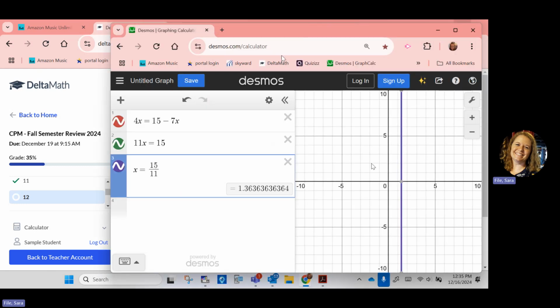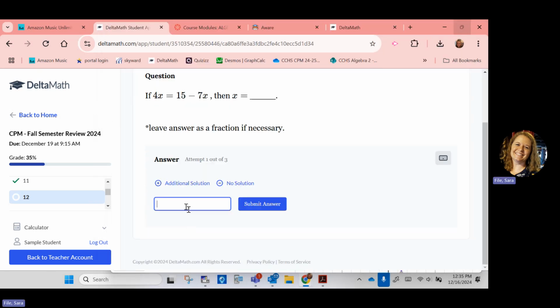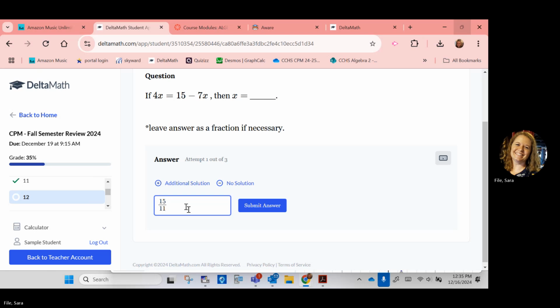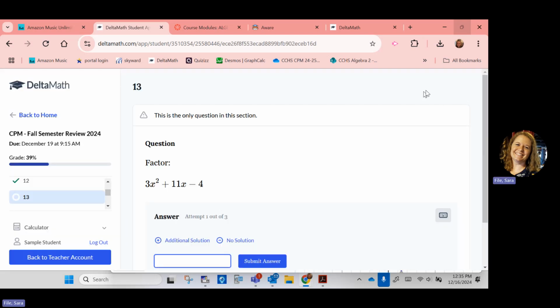Now that decimal matches what that said graphically, but yes, this one was truncated. That's why it gave us that weird fraction, because it was actually longer than that. But they said to leave it as a fraction, so 15 over 11 is what we're going to leave that as. So we solved that one by hand.